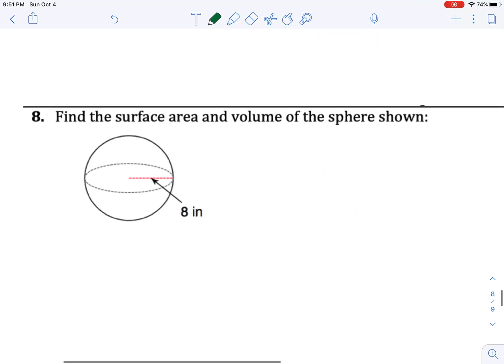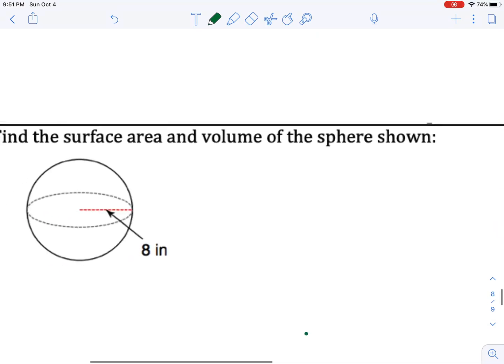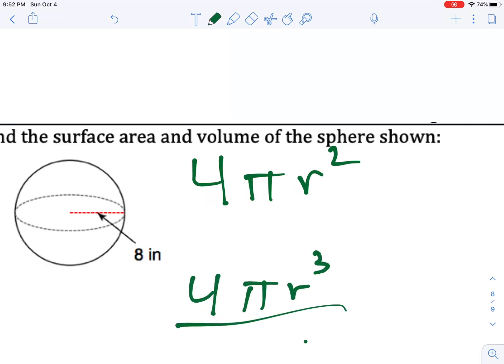All right, now we go to spheres, what we learned today. Surface area and volume. Well, surface area is 4 times pi times r squared. Volume is 4 times pi times r cubed divided by 3.